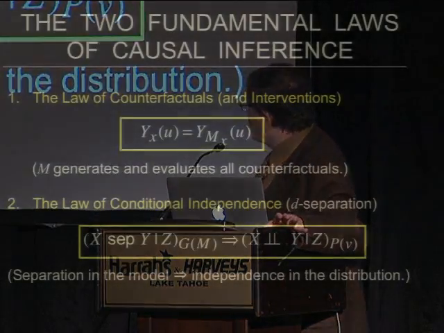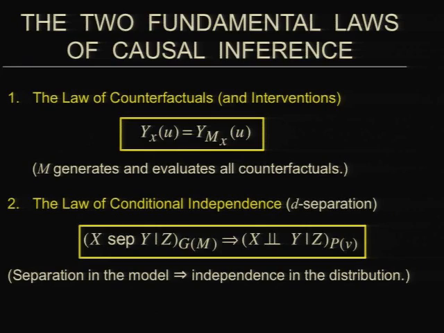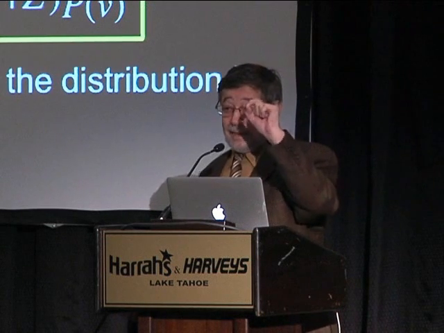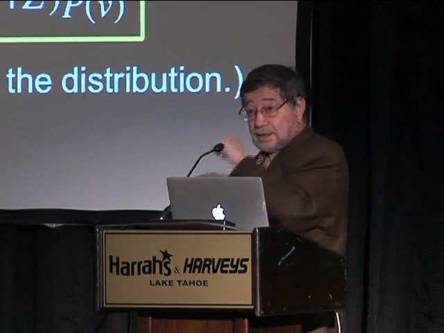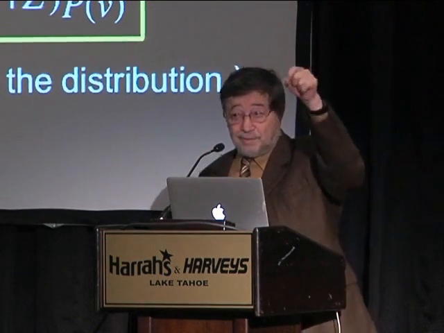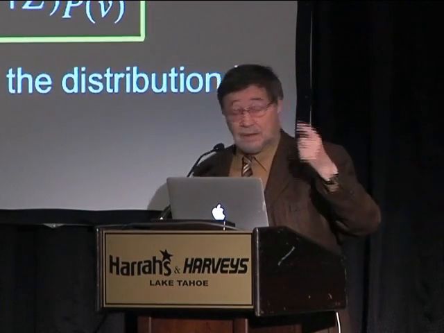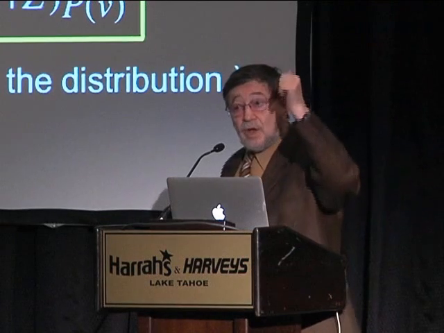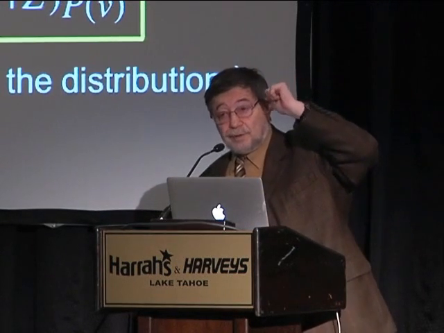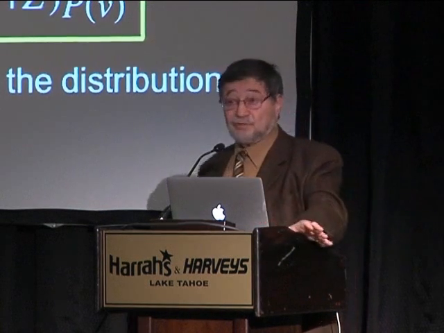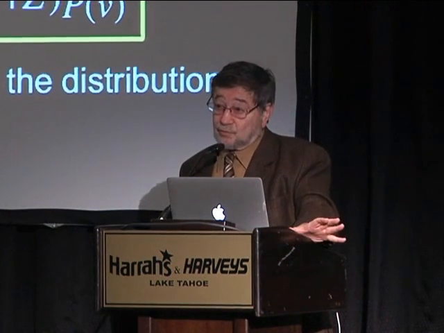The second one is a law of conditional independence, d-separation, namely that the graph that describes the structural model, just telling you who is the parent of whom, contains the signature of the original model and allows you to infer some constraints in the observed distribution.